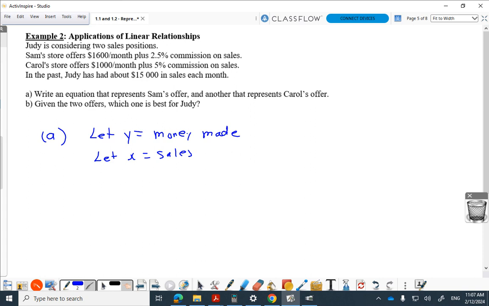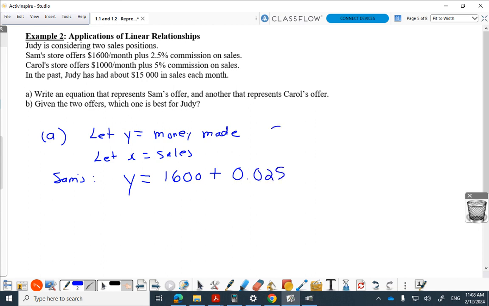So if you wanted the 2 equations here then, so this is Sam's store. The money made will be equal to $1,600 plus 2.5% of sales. How do I do 2.5% of something? What's 2.5% as a decimal? Oh, that's a shockingly tough question early on. 0.025.